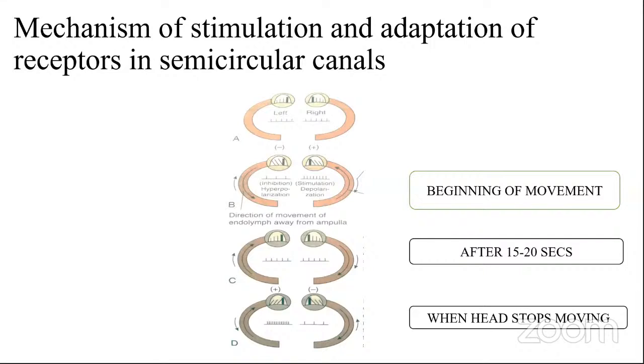In the semicircular canal where the endolymph was moving away from the ampulla, the endolymph now moves in the reverse direction, that is, towards the ampulla. In the opposite side, it moves away from the ampulla. Okay.